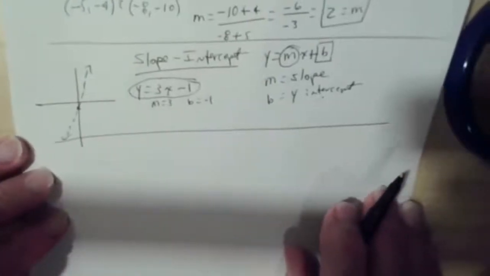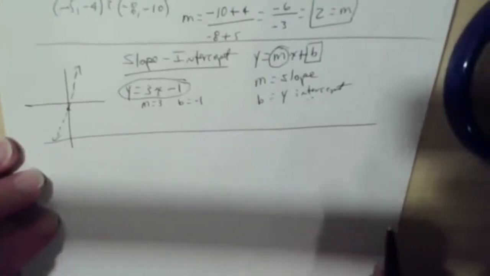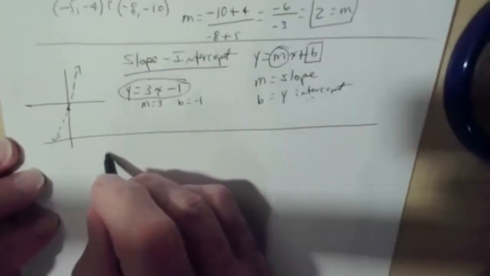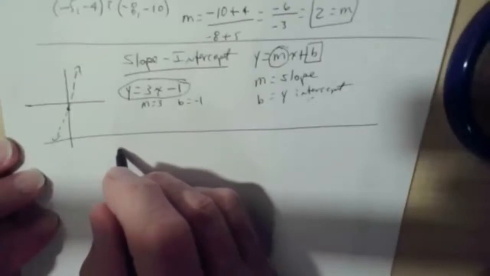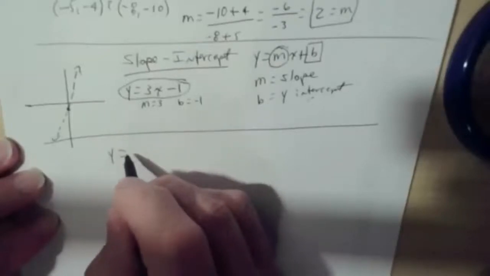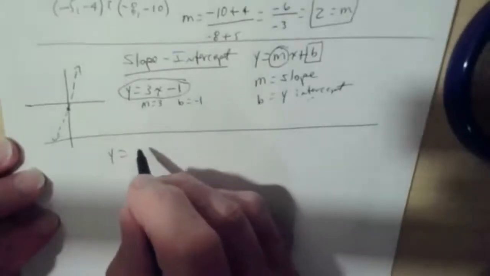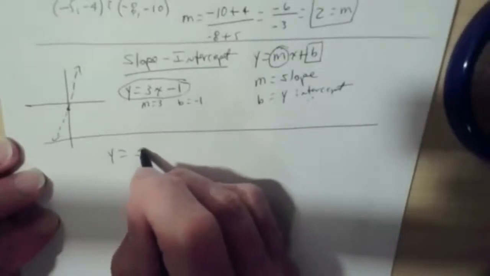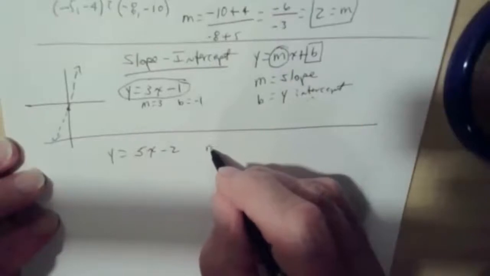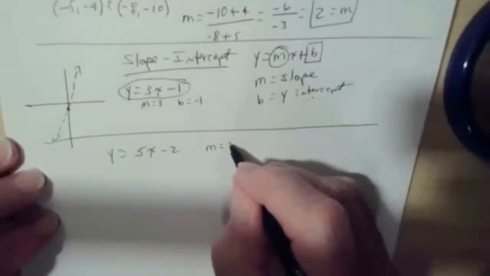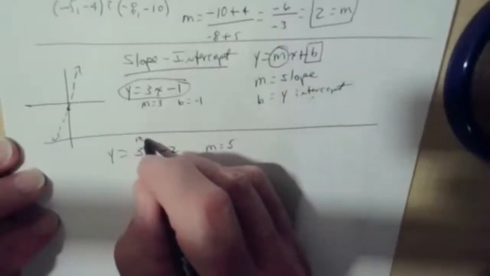If we had y equals 5x minus 2, what is our slope here? 5, mx plus b.